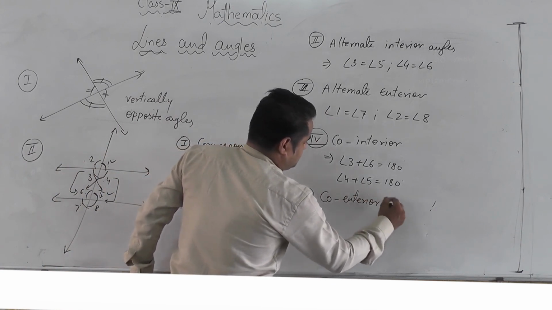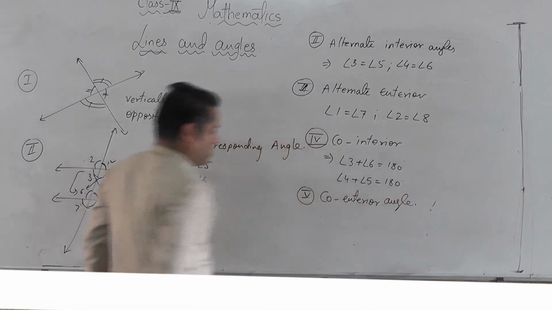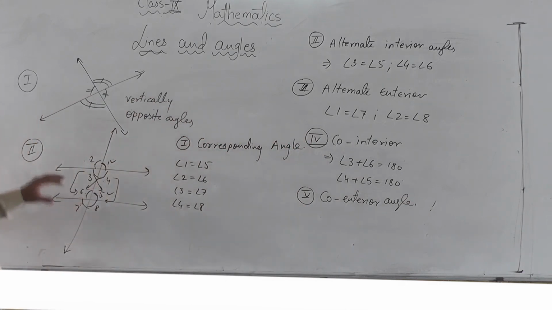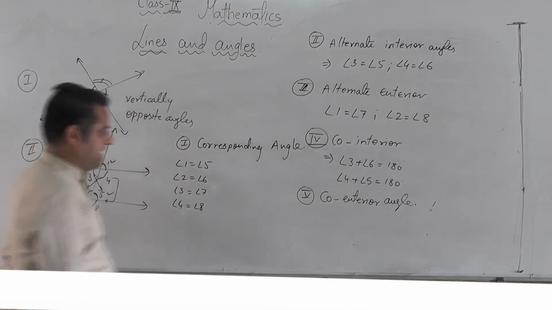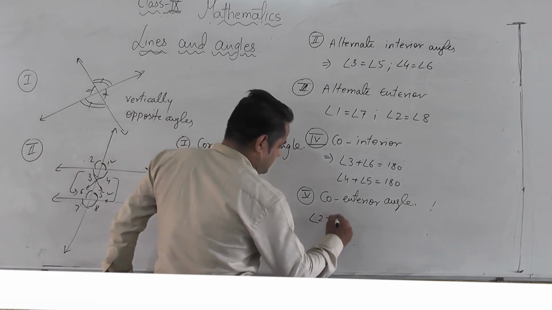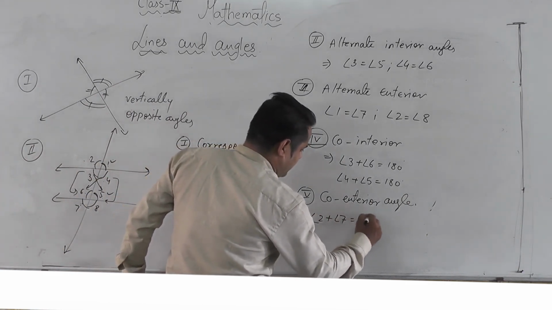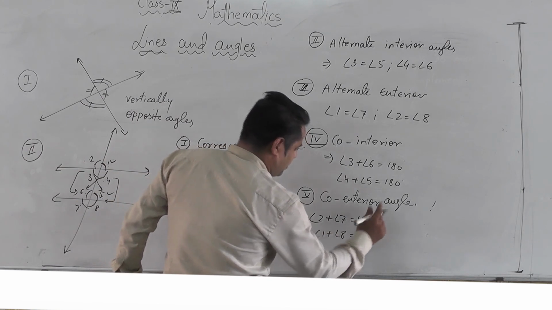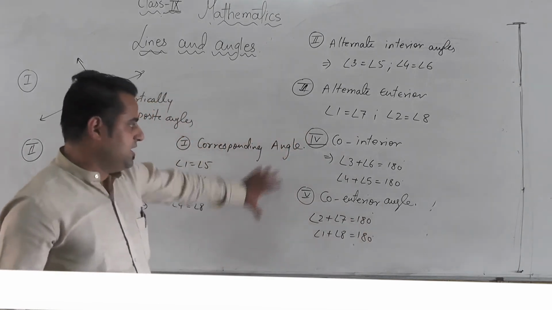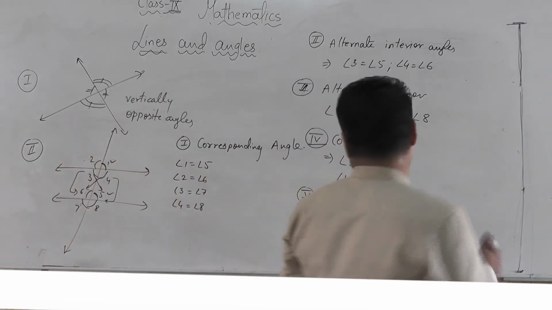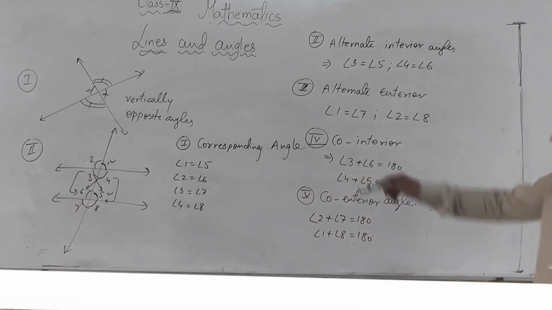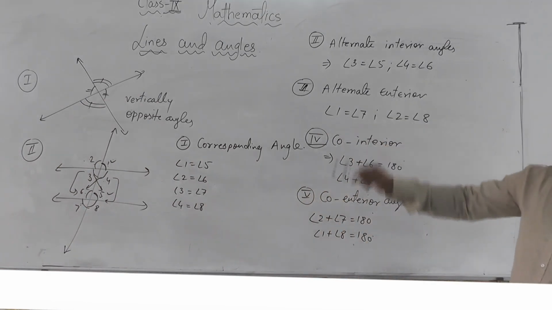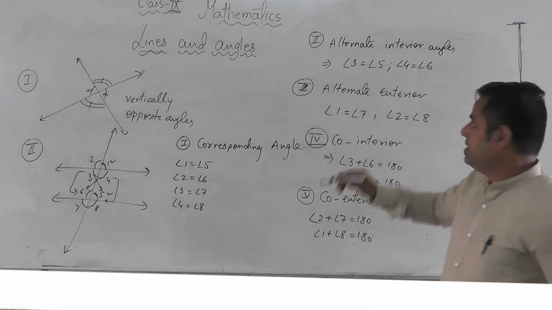As it is pronounced, exterior means outside angle, so this 2, 7 and 1, 8. So the sum of those angles also equals 180. Remember this property of parallel line angles. Corresponding: the angles of the same side.